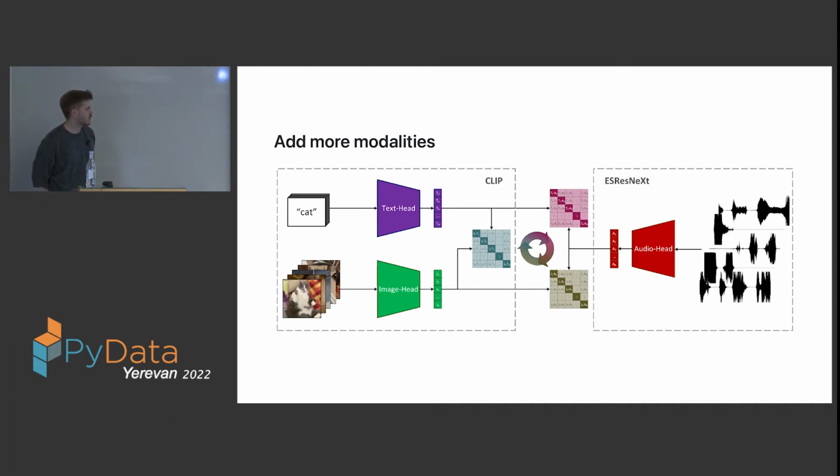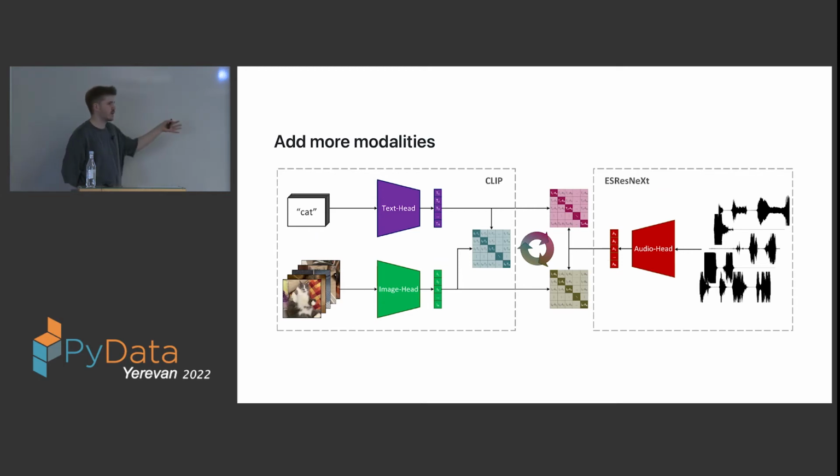This is the architecture from the paper called AudioCLIP. The idea is actually the same. You are trying to encode every piece of data you have, and you already know that the picture, the textual description, and the piece of audio are the same or similar.